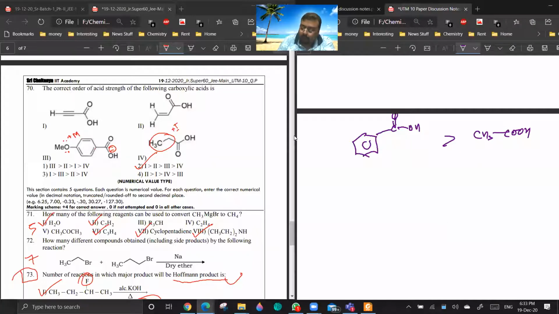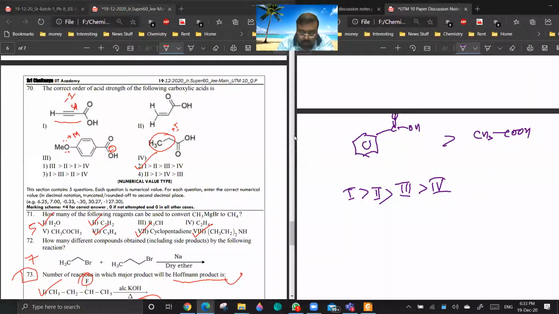So 3 should be greater than 4 here. Between 1 and 2, both are having less cross conjugation than 3. Plus 1 is having sp carbon, so its minus I effect will be more than sp2 carbon. So 1 should be greater than 2, greater than 3, greater than 4.